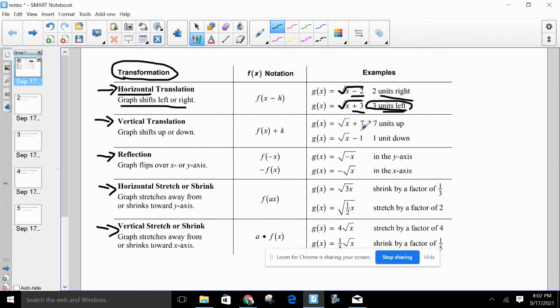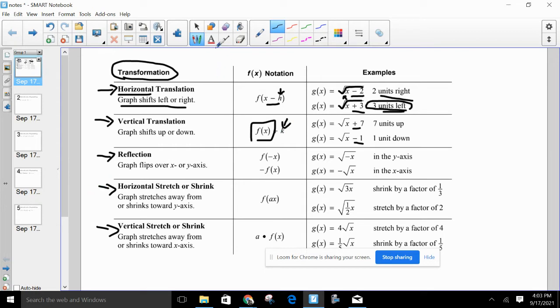What if I wanted to translate it up or down, move it up or down? Well, here's where I would either add something or subtract something outside the square root now. Notice that. So here we do it within, it's f of x minus h, where you're taking some number and adding it or subtracting it to the x. But now over here, we have the whole function, and now we're going to add some number k outside the square root symbol.